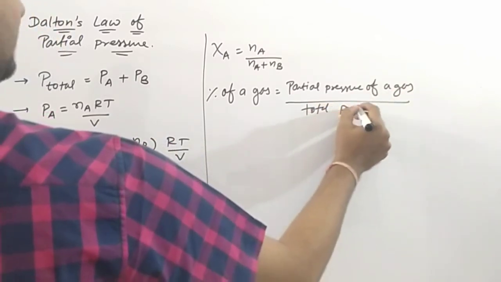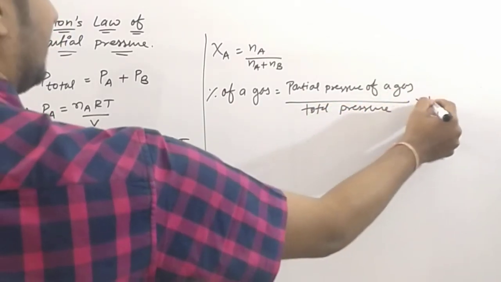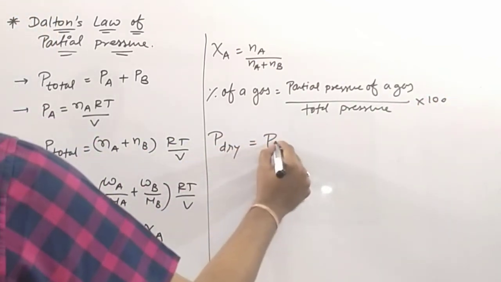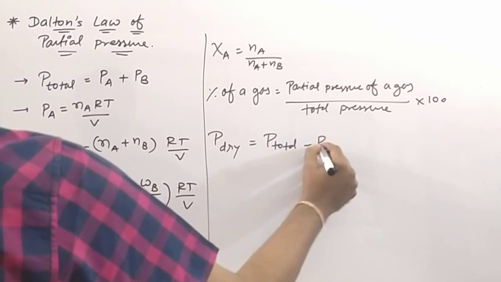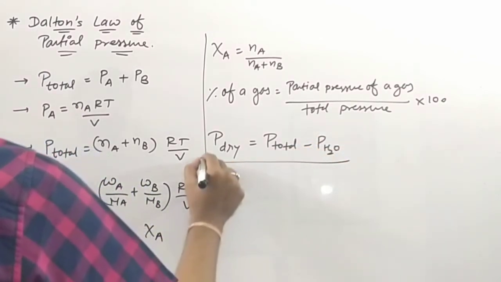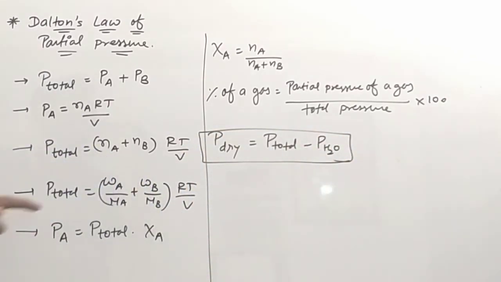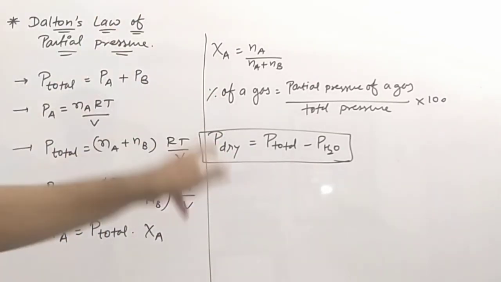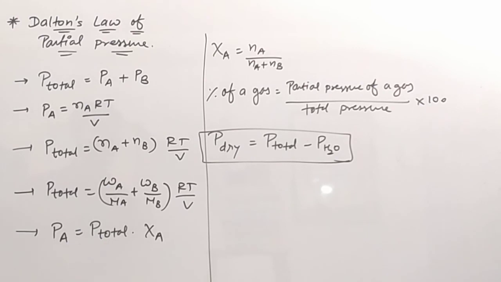This is very simple. Clear? And pressure of any dry gas is equal to total pressure minus pressure of water. This rule is only applicable when gas is collected over the surface of water. So these are all formulas.